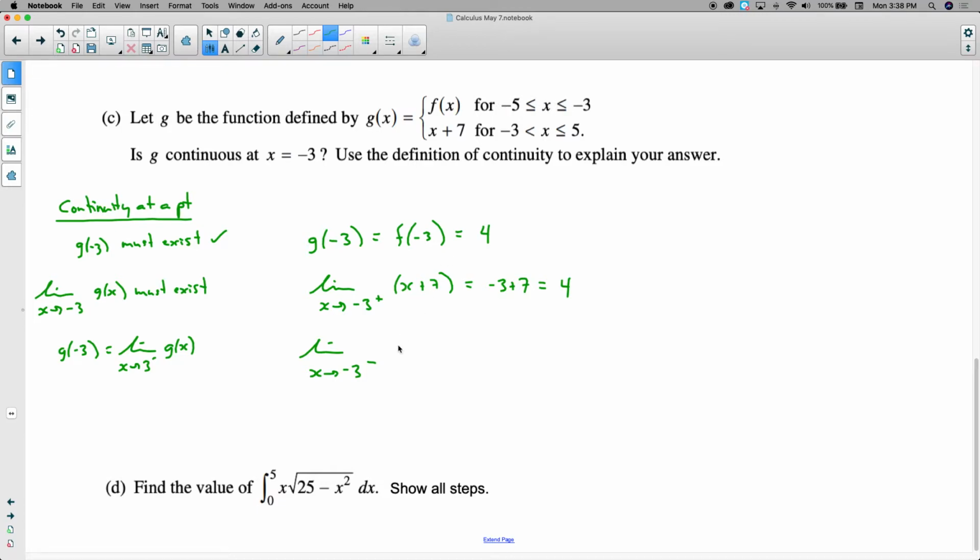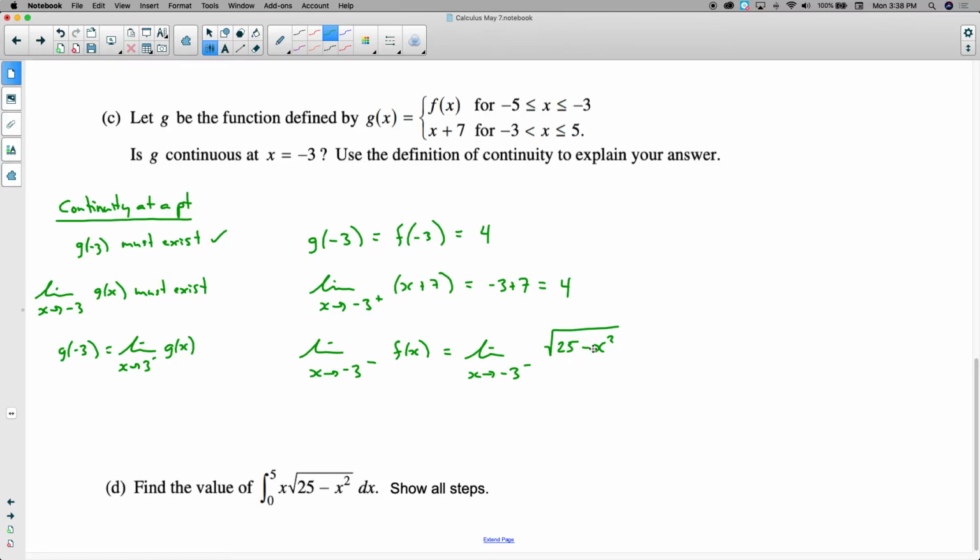Now to approach -3 from the left-hand side, that's something like -3.1, and that's this function up here. So now I'm on that top function, which is f of x. F of x is the square root of 25 minus x squared, which, as I mentioned, was this nice continuous semicircle.